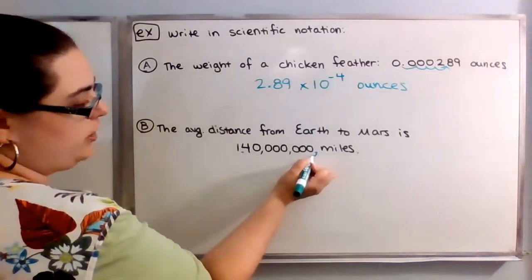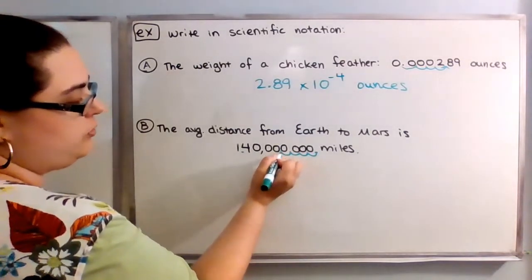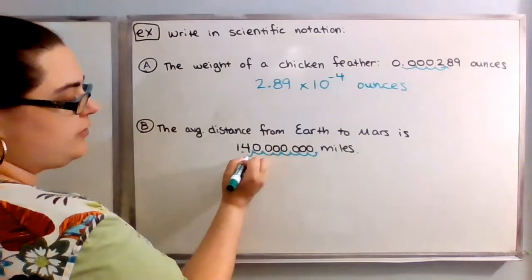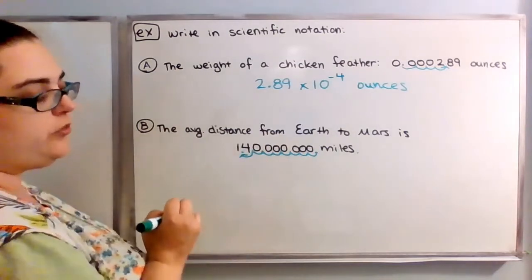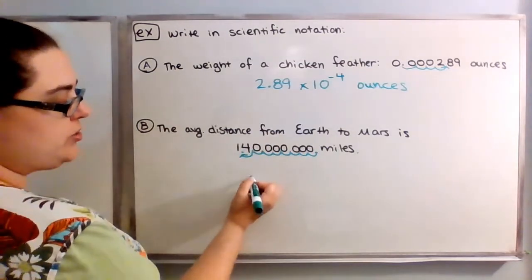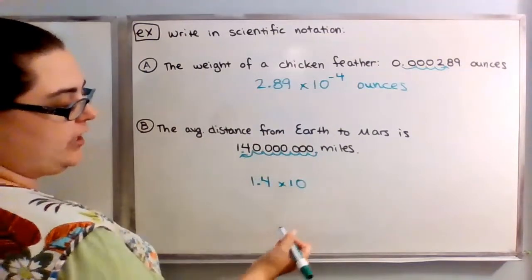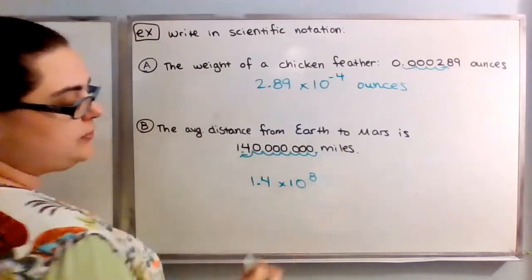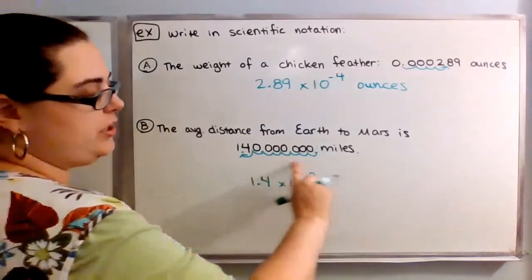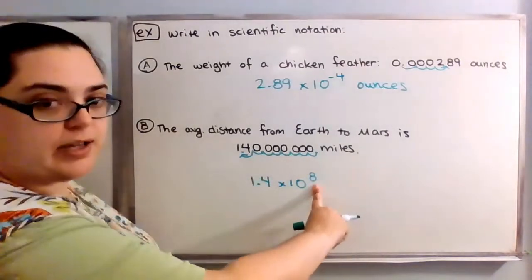So let's count. We've got 1, 2, 3, 4, 5, 6, 7, 8. So we're going to move it 8 places. When we do that, we get 1.4. And since I moved it 8 spots, the power is going to be an 8. And since this was a big number, that's going to be a positive 8.